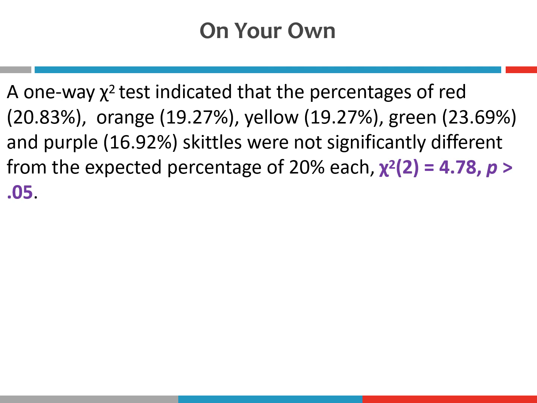Okay. And again, when we report anything in APA style, we want to make sure we have the test we conducted. We want to make sure we have our descriptive statistics, which in this case are the observed percentages for each level of the categorical variable.